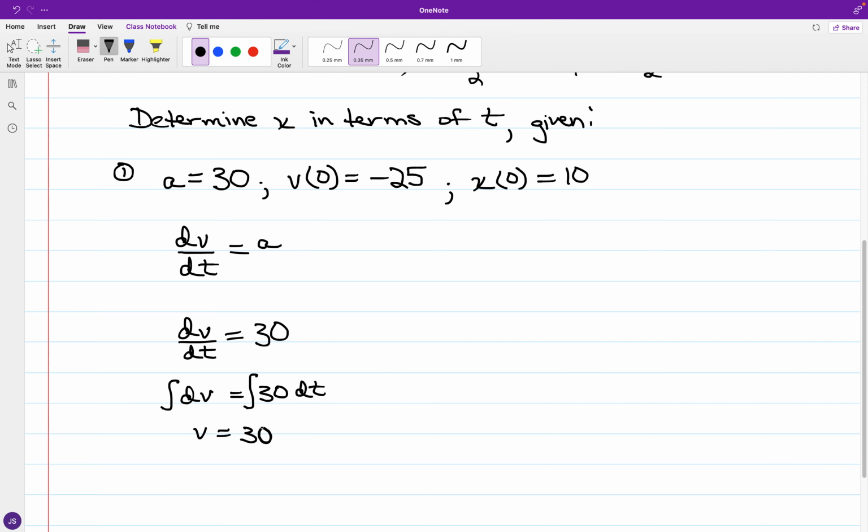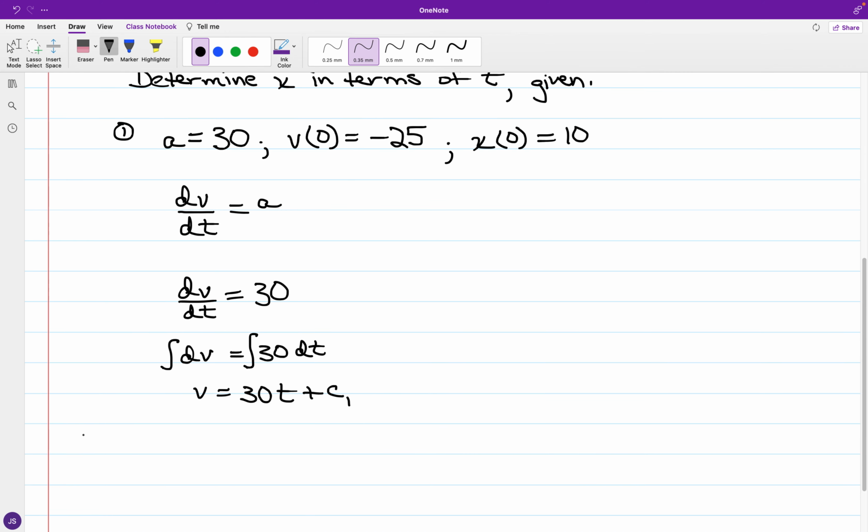And so v is equal to 30t plus c sub 1. Now we have that v naught is equal to negative 25. If I substitute accordingly, v is at negative 25, and 30 times 0 goes to 0, so c sub 1 is automatically equal to negative 25.